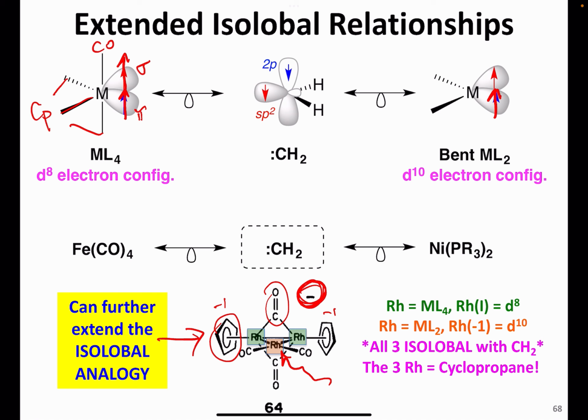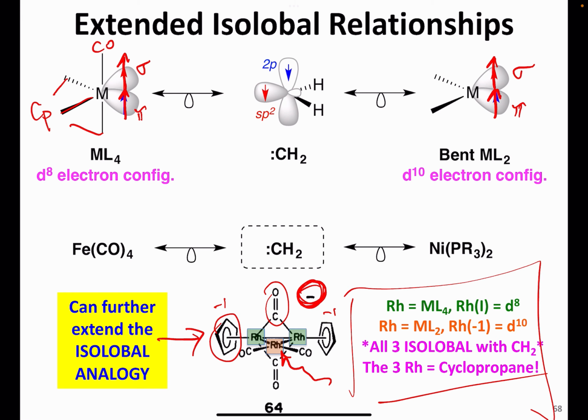It is isolobal with a carbene. You have 1 singly occupied pi type orbital and 1 singly occupied sigma type orbital. All 3 of those rhodium centers are isolobal with CH2. So what you're actually looking at here is an all inorganic cyclopropane. Super, super cool stuff. I love this.